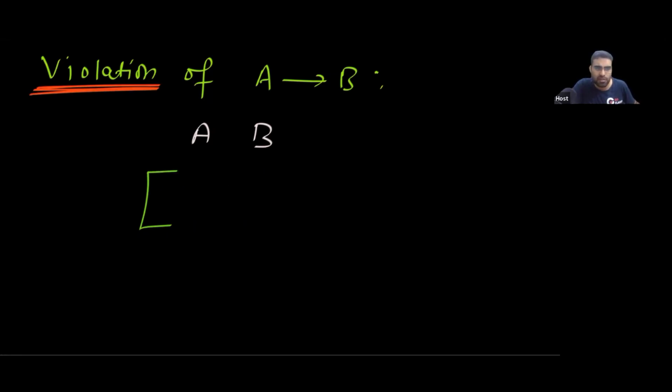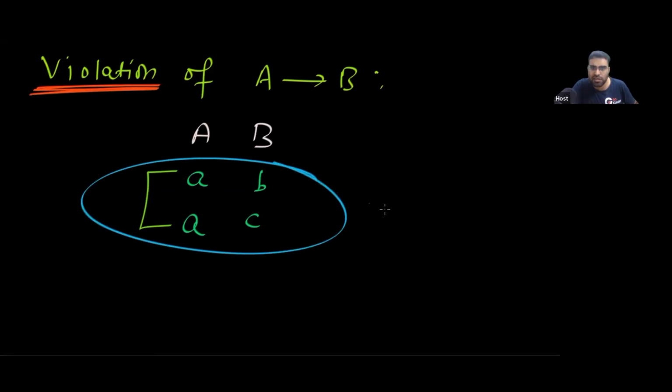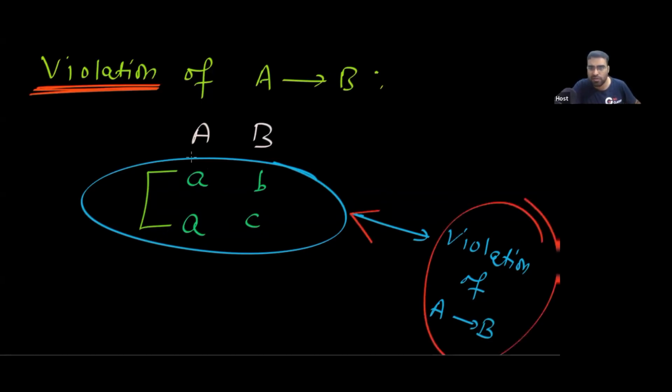You must have this type of situation. If this type of situation is there, that implies violation of A implies B. This is the situation for violation of A implies B.